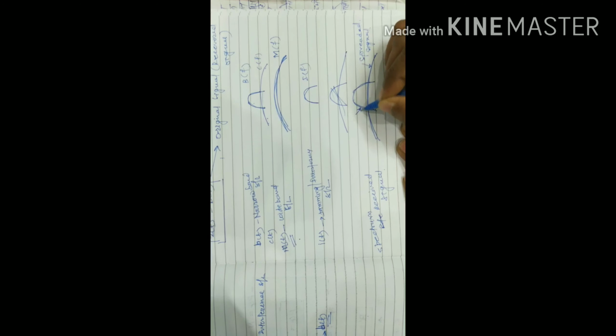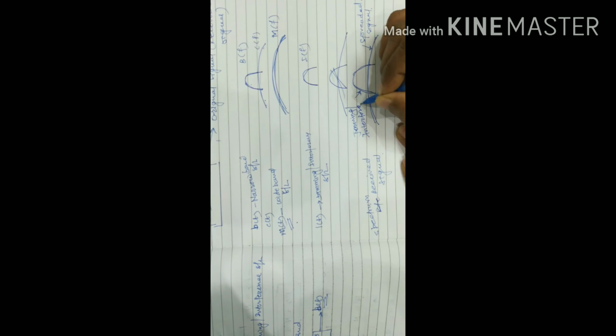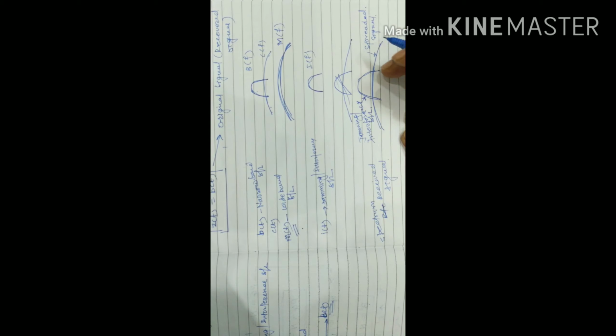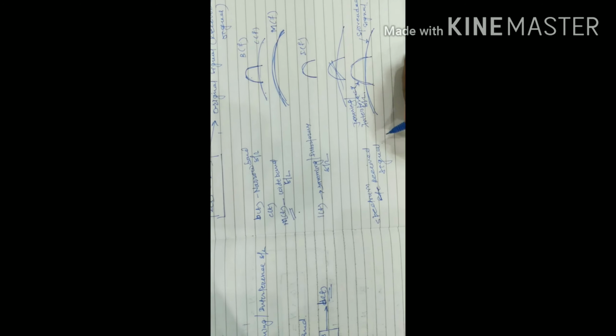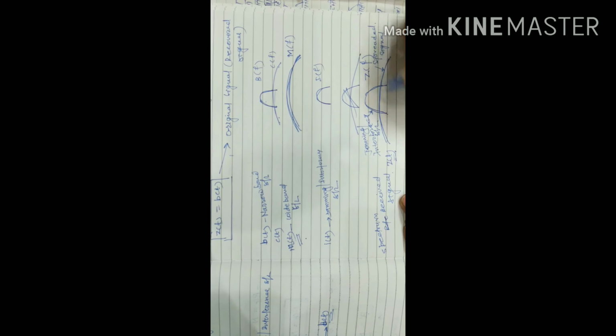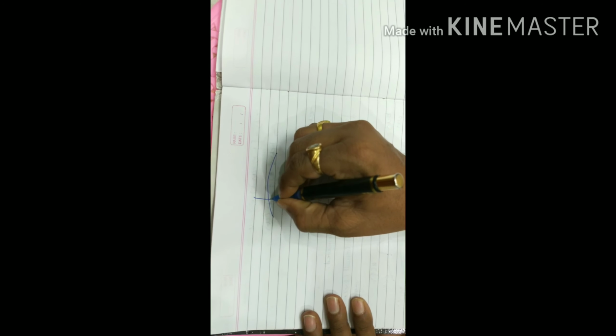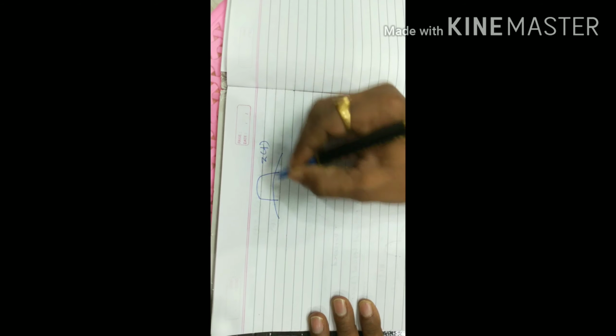This is the jamming or say interference signal. And the overall spectrum of this Z of t will be like this, that is Z of f. This is Z of f.